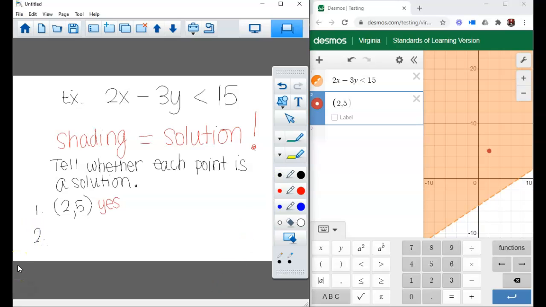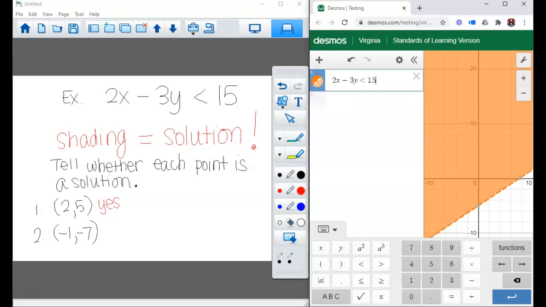Let's try another point. Let's try (-1, -7). What I would recommend you do is delete this point. So let's get that second line again, and let's do parentheses. You'll have to put the parentheses, and then you'll put -1, comma, -7.